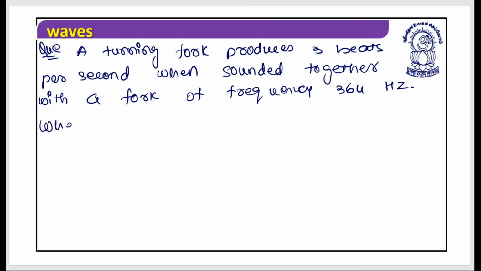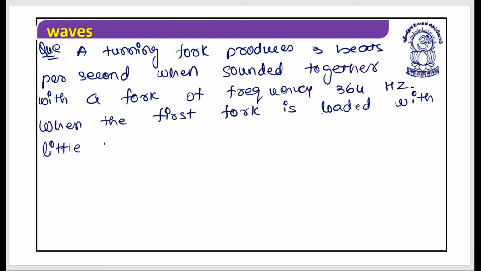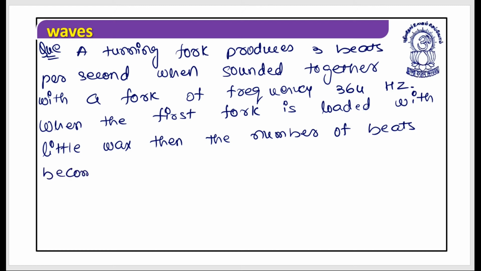When the first fork is loaded with a little wax, then the number of beats becomes 2 per second.